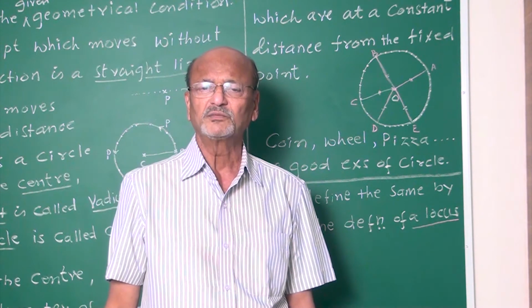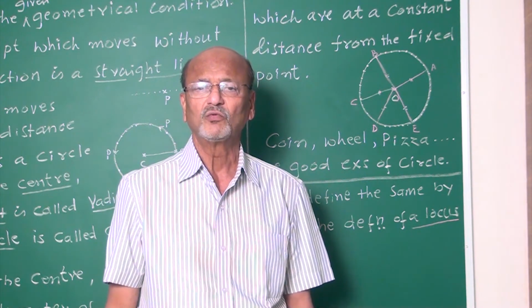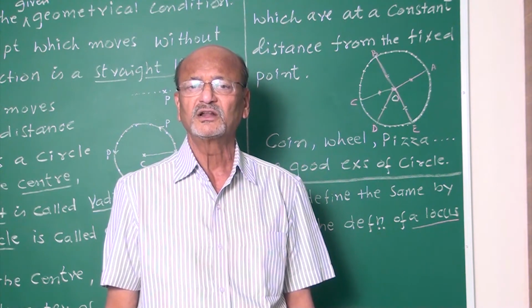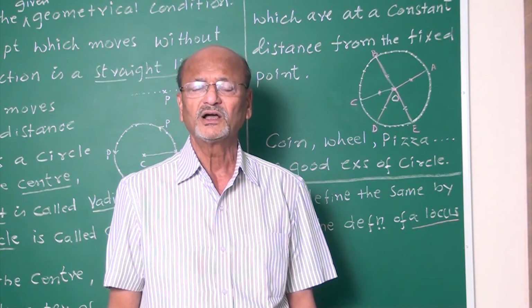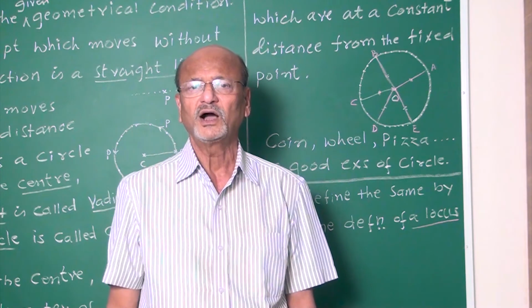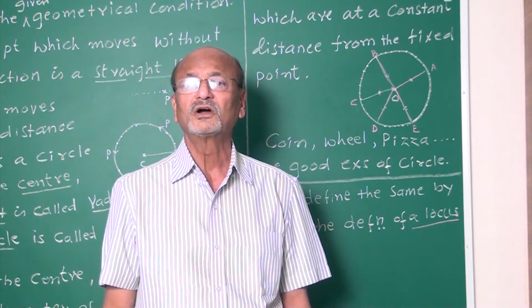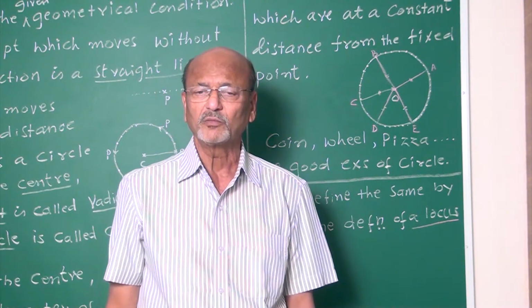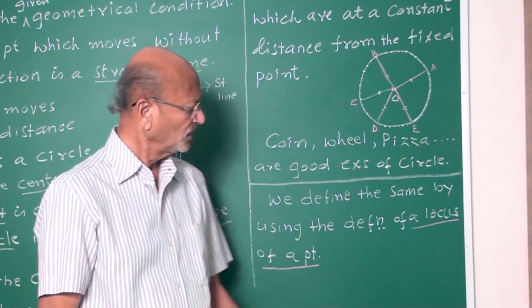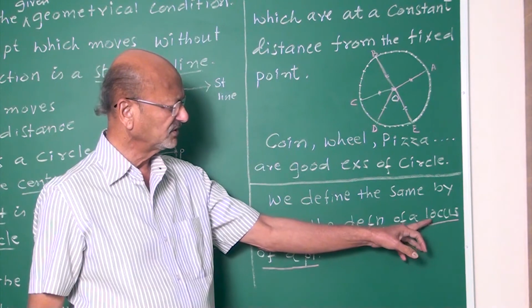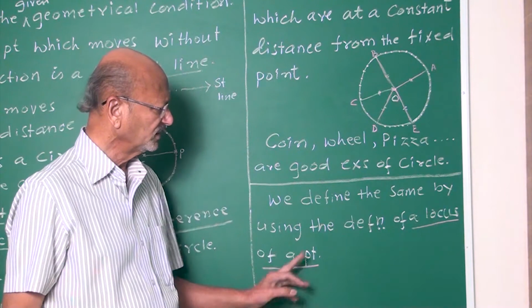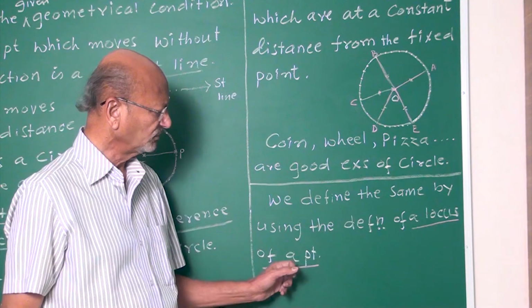Another form of curves are the parabola, the ellipse and the hyperbola. Like this you have many more curves in future. To define such curves, we use this definition: locus of a point.